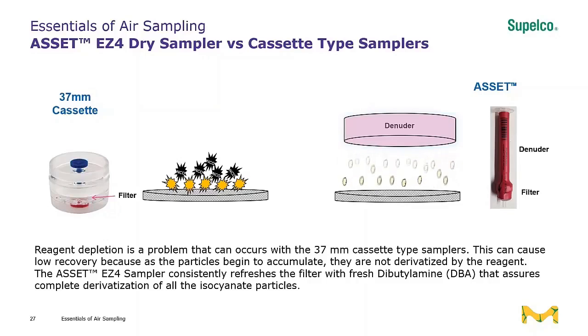So the ASSET sampler has the capability of derivatizing everything that is in the device. And that gives the industrial hygienist confidence that they are providing their workers with the best measure of their safety.